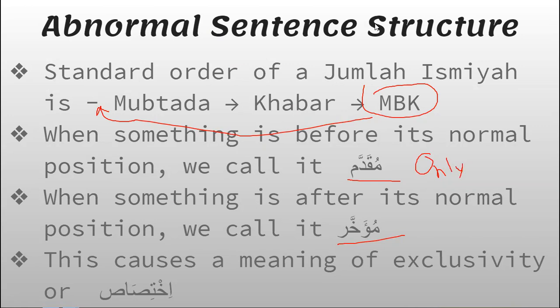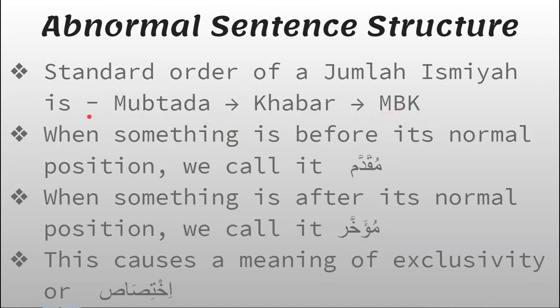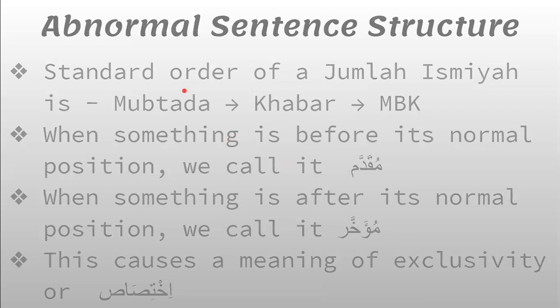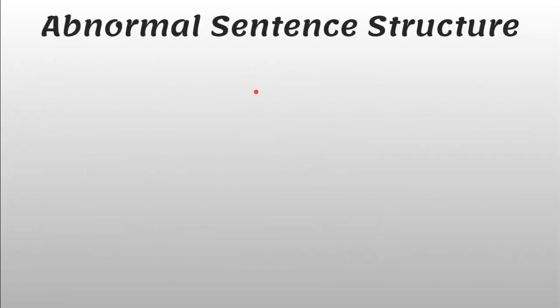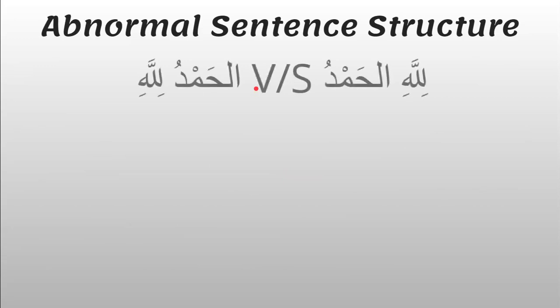So if we do the example, then it will be understood. Only muta'alliq bil khabar can come before the mubtada, and if it comes before, we call it muta'alliq bil khabar muqaddam, and the mubtada will come later on. That's why we call mubtada muakhar. And what it does is exclusivity, or ikhtisas. Okay, let's do some practice, and you will get it easily, inshallah.